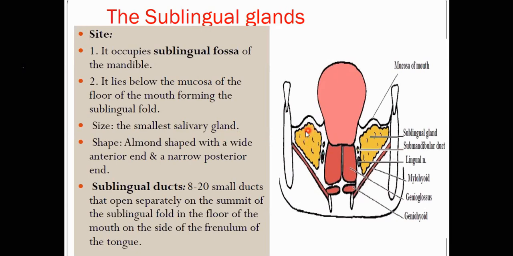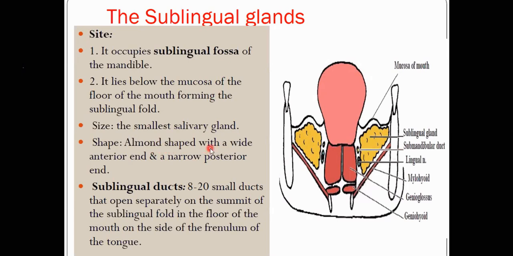Now we are coming to the sublingual gland. It is on the medial side of the floor, just below the mucosa of the tongue, lying in the sublingual fossa of the mandible. It is the smallest of the three salivary glands.